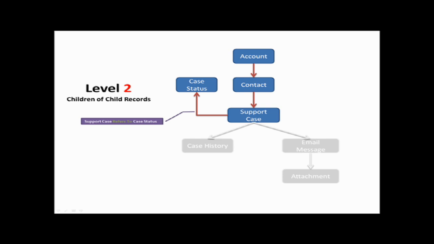The next scenario is if you wanted to include the children of the child records as well. In this scenario, the application will include the contacts for the accounts you select, and also include the support cases for those contacts. Because every support case has a case status, defined as a lookup field on the support case object, the related case status record will also be included.